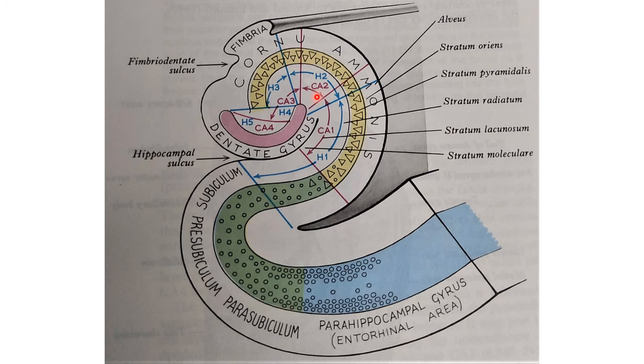Got it? So the apical dendrites of CA3, with the apex projecting towards the molecular layer, mainly receive the axons of granule cells of the dentate gyrus through mossy fibers.